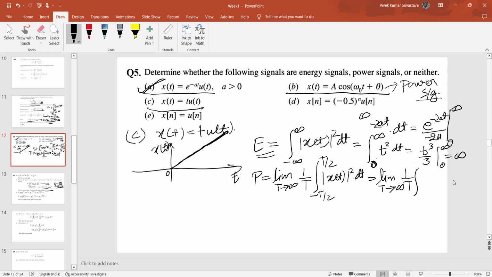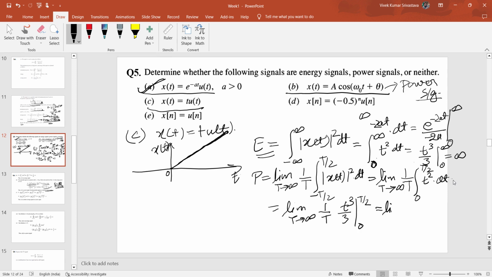Okay, so this will be equals to 0 to t by 2, t square dt, limit t tends to infinite 1 by t into t cube by 3, and limit is from 0 to t by 2.